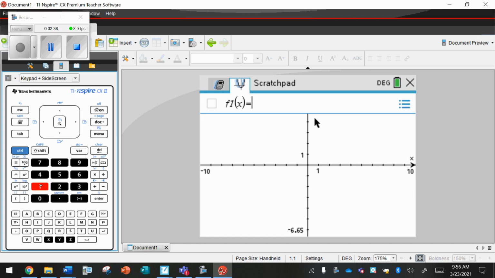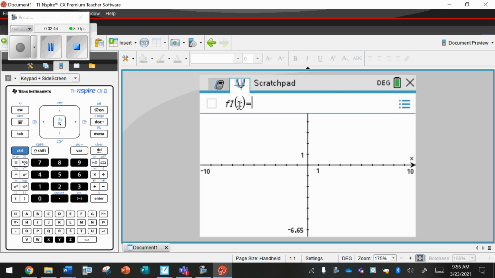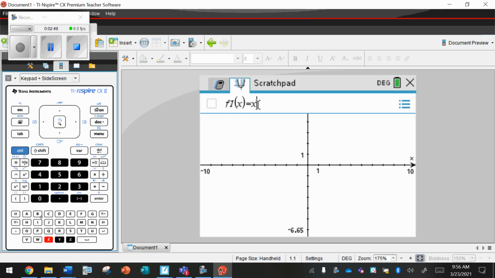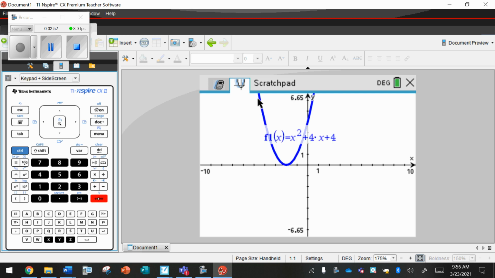And that'll put it in F there. If you don't see your F there, hit tab, and then that should pull up your F function. So our equation was x squared plus 4x plus 4. When we hit enter, it'll give us a picture.